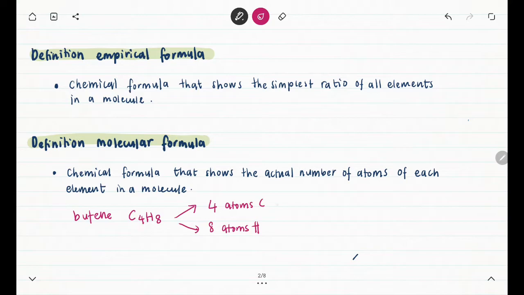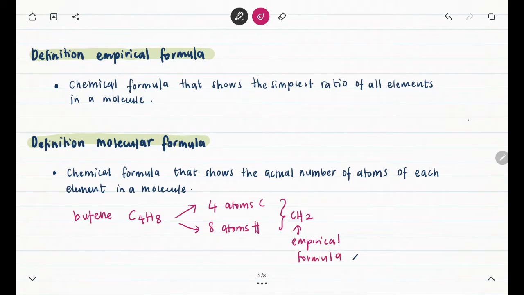Its empirical formula is CH2. So why CH2? CH2 is the empirical formula.